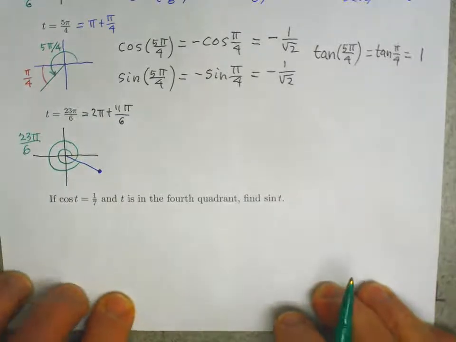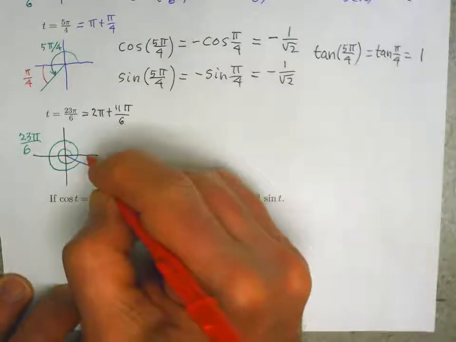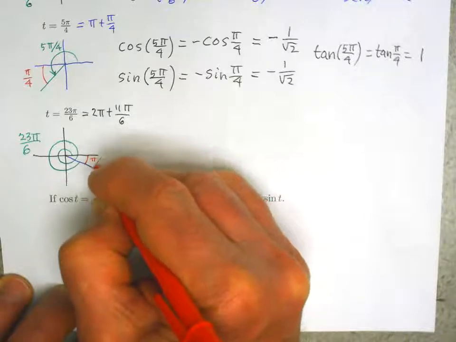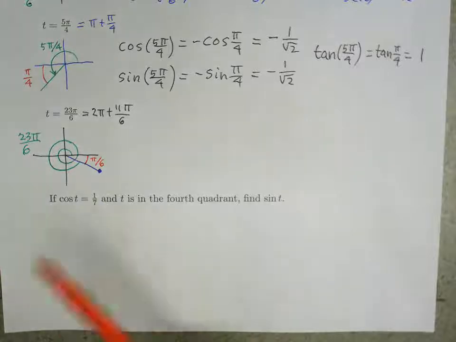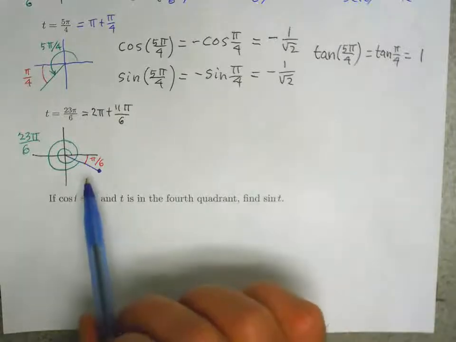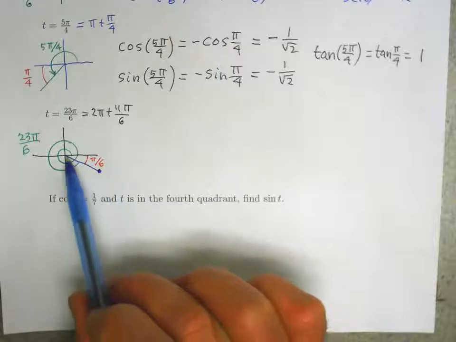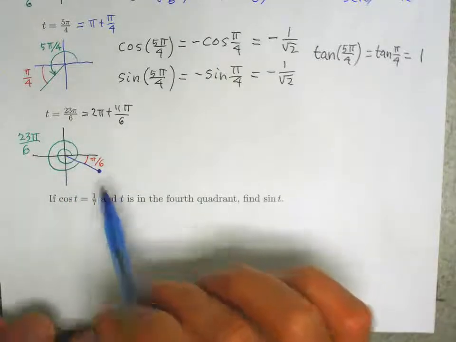So what's the reference angle? This reference angle is pi over 6, or 30 degrees. Okay, so since we ended up in the 4th quadrant, we know that the x values are positive, the y values are negative. So cosine will be positive, sine will be negative.